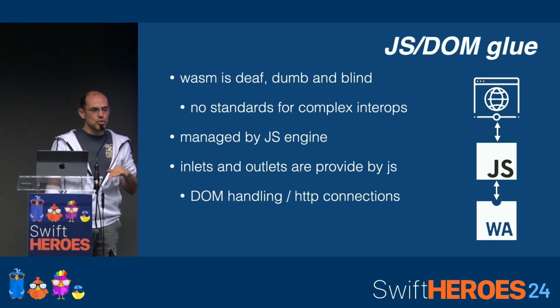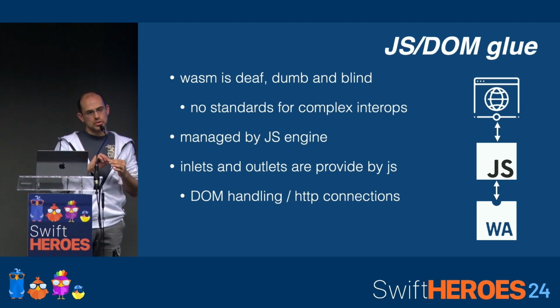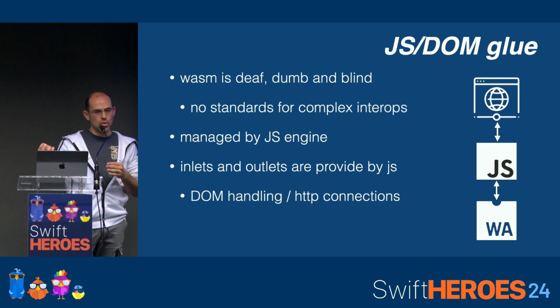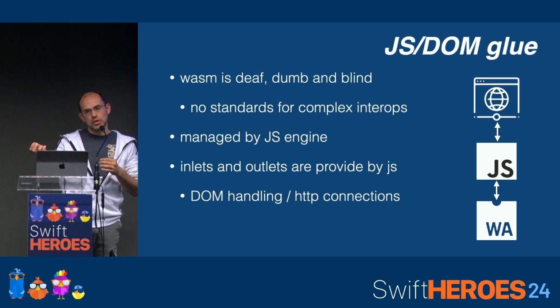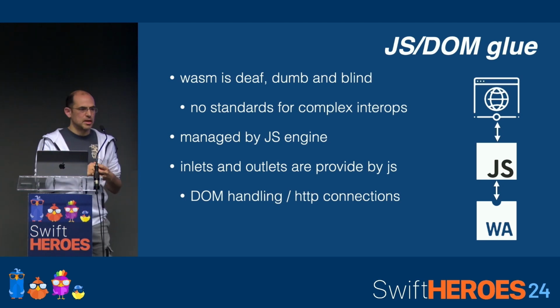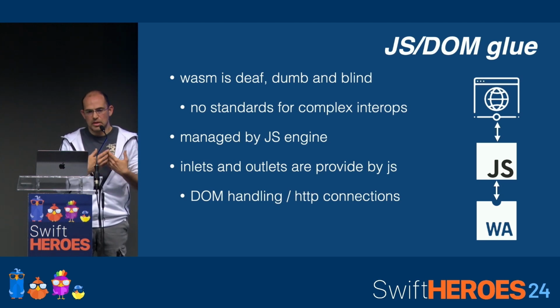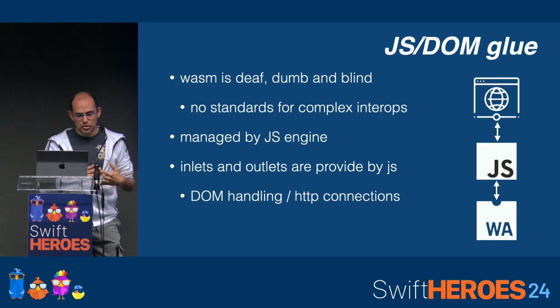You can use a JavaScript glue to export browser functionality to your WebAssembly module, and to receive events generated by the WebAssembly module. So JavaScript is a kind of middleware to expose to your WebAssembly module the functionality and features you need from the web browser.